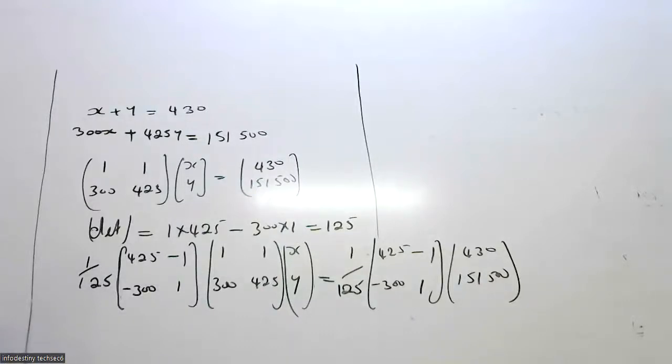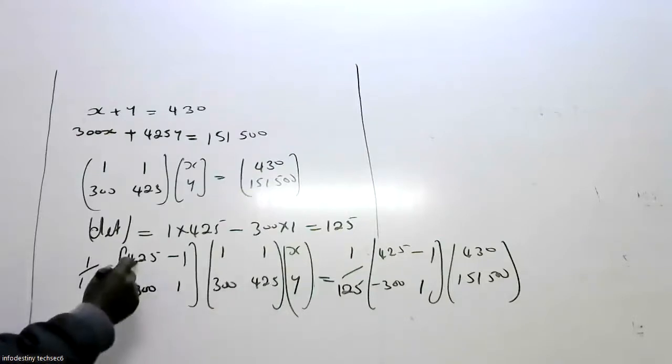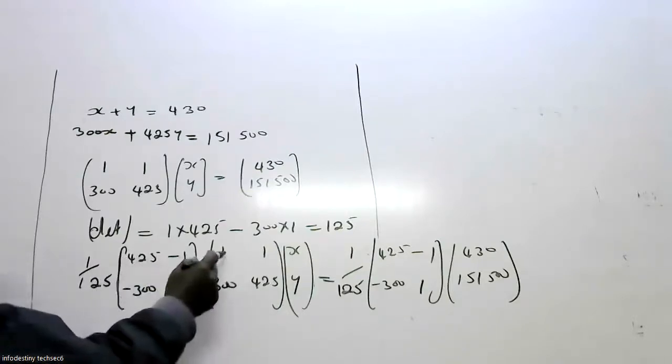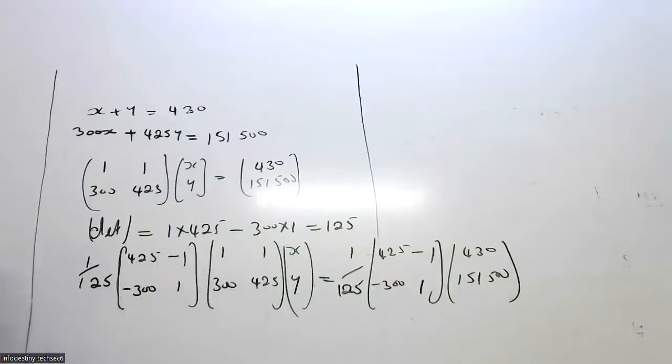Then what do we do? We take this one multiplied by this. So take this one times this plus this times this. 425 times 1 is 425, minus 300. We are together. So 425 minus 300 is 125. 125 divided by 125, 1.